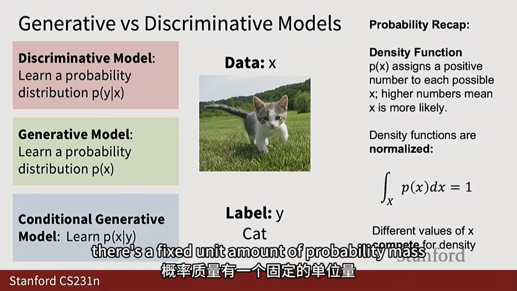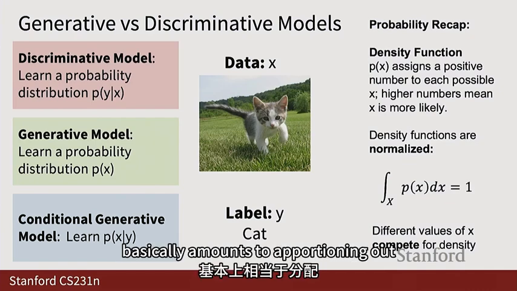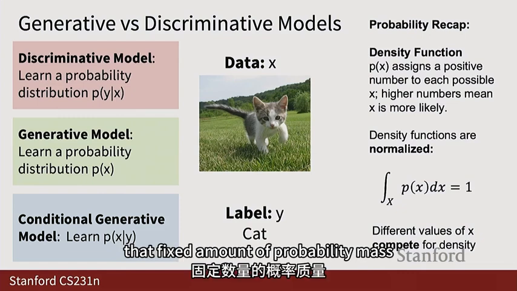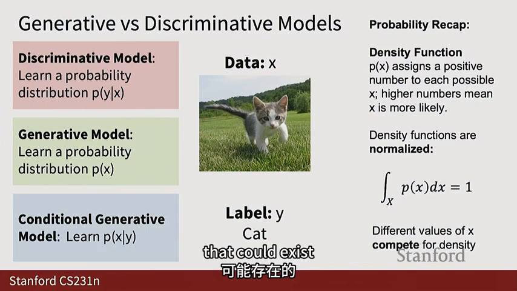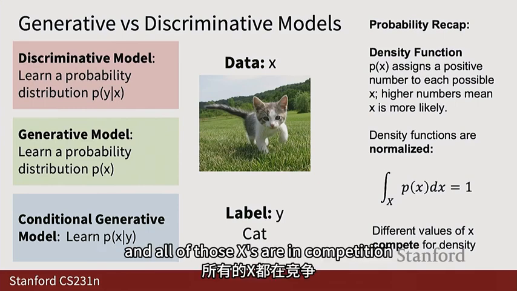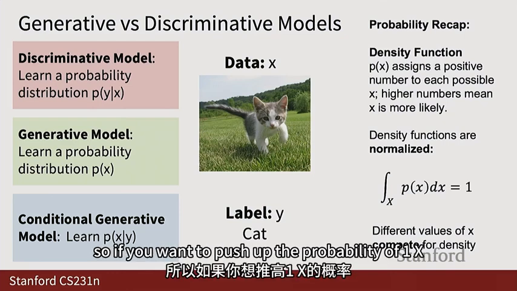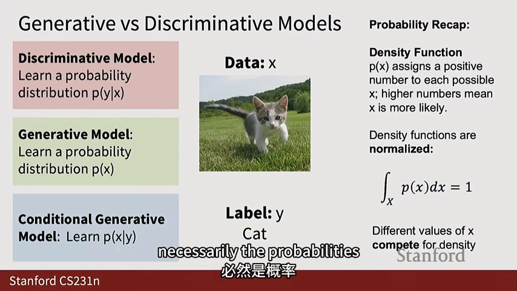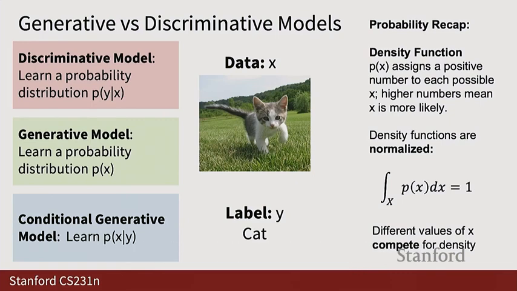There's a fixed unit amount of probability mass, and choosing a probability distribution or density function basically amounts to apportioning out that fixed amount and smearing it across all possible values of x that could exist. And all of those x's are in competition because there's only a fixed unit amount of mass to go around. So if you want to push up the probability of one x, necessarily the probabilities or densities of other x's have to go down.